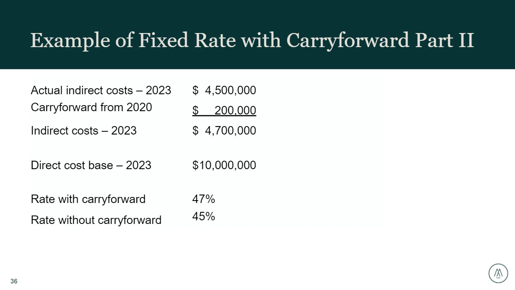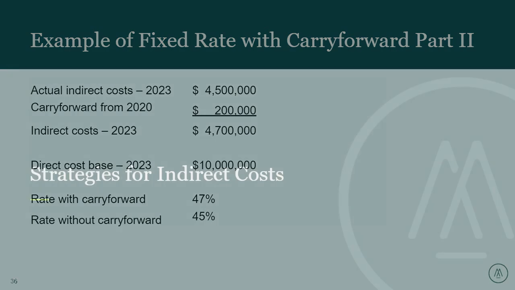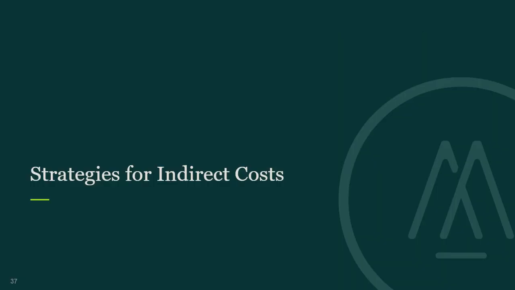And if you consider the direct cost base in 2023 to be the same 10 million, if we use a rate with carry forward, the rate would be 47%, and 45% if we do not use the carry forward. Okay, those are a few examples of the indirect cost rate, and now let's look into practice for indirect cost.